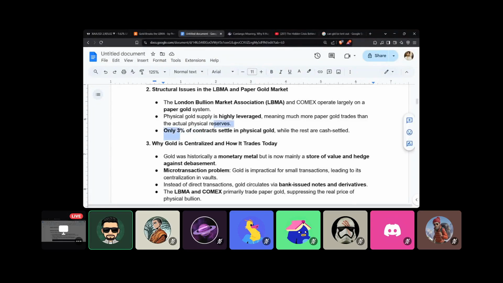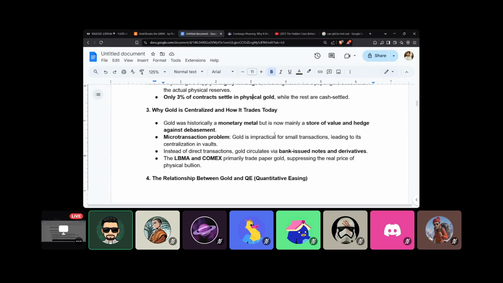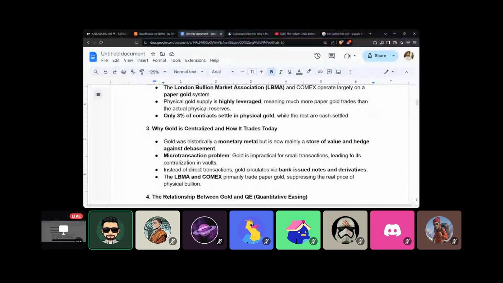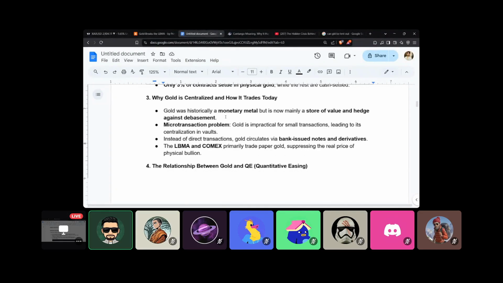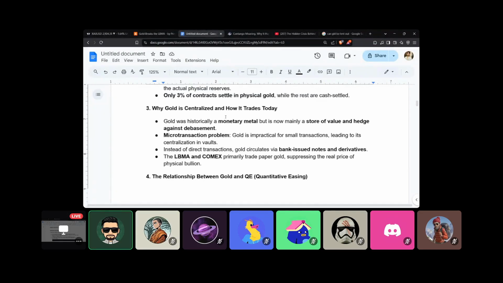Only 3% of contracts settle in physical gold, while the rest are cash settled. So price discovery doesn't happen because of this. What China did was open a physically settled market of gold. This caused the real price discovery of gold, and this arbitrage situation came forward.